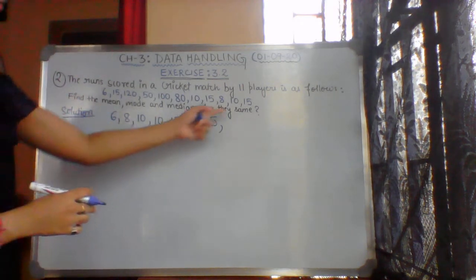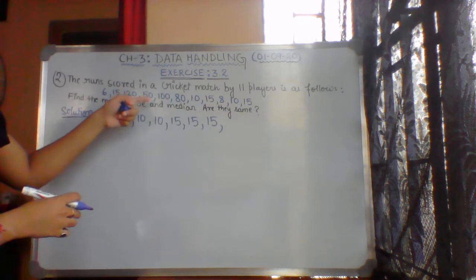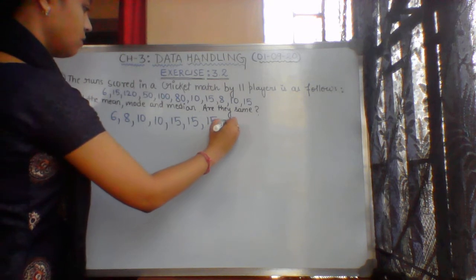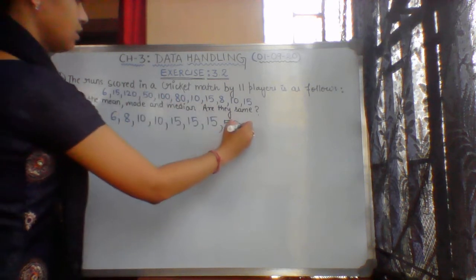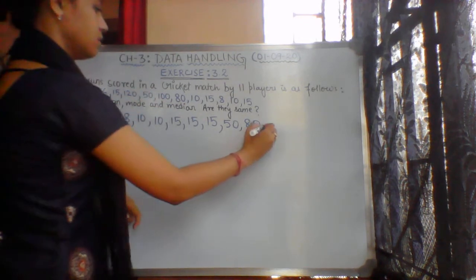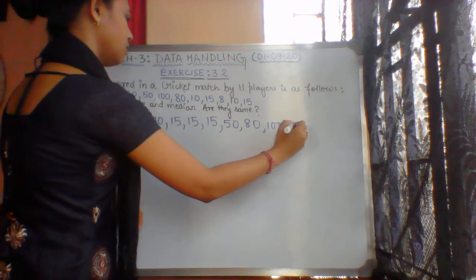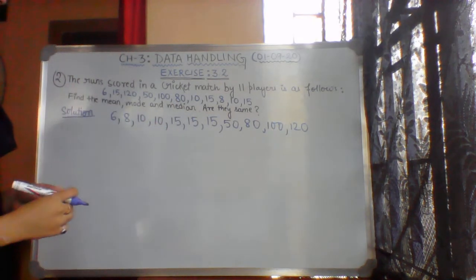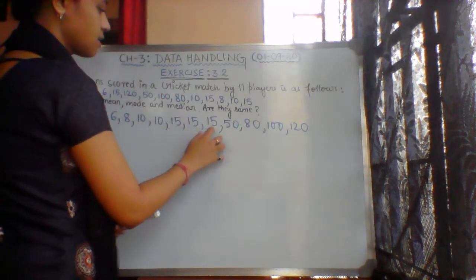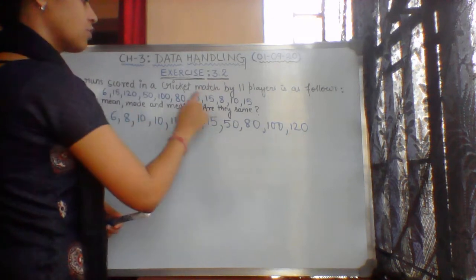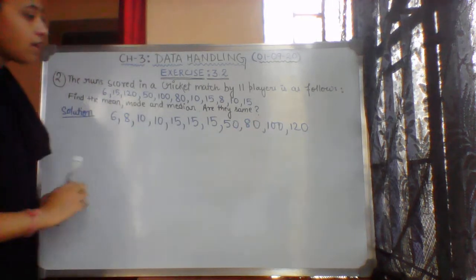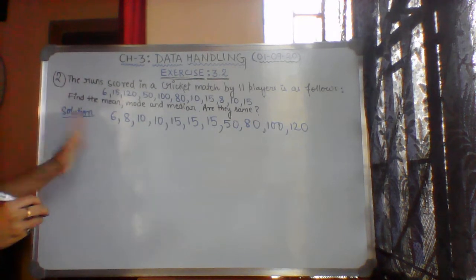Then 50, then 80, after that 100, after that 120. Is there any number left? Let me count: 1, 2, 3, 4, 5, 6, 7, 8, 9, 10, 11. So there are 11 players' observations, only 11. So we have arranged the data, and that is our first step.